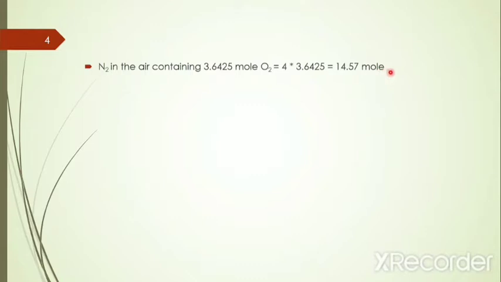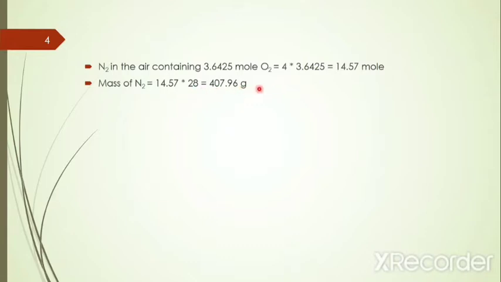Now we can find the mass also. This is the mole of nitrogen present in that air. Now mass will again be mole into molecular mass of nitrogen. Here we have to take the nitrogen molecule N2. So 14.57 into 28 is 407.96. So this much mass of nitrogen will be present in the air. Now what will be the total mass of air?